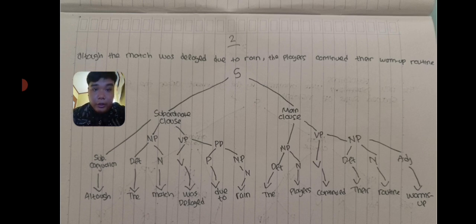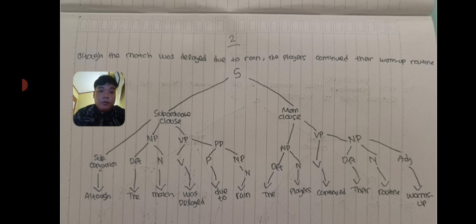In the subordinate clause, we divide it into three parts: subordinating conjunction, noun phrase, and verb phrase. You can see here, in the subordinating conjunction, there's only "although," and in the noun phrase, we go down into determiner and noun. The determiner is "the," and the noun is "match."